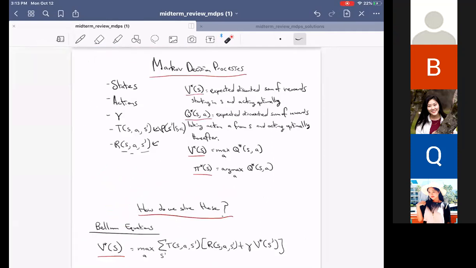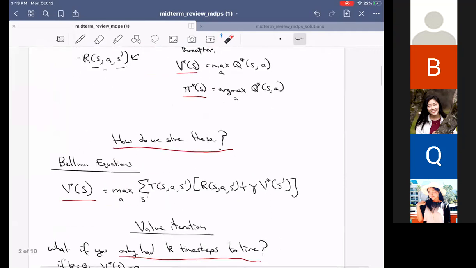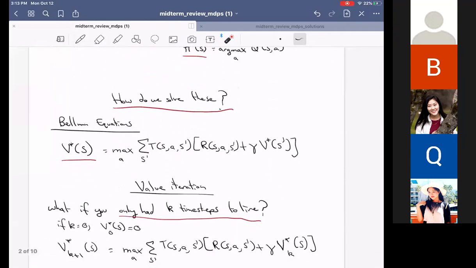Okay, so these are all the things we care about. But now we're going to talk about how to solve MDPs. In order to solve MDPs, we use this cool set of equations called the Bellman equations. I just have one here, and it's basically defining the optimal value.